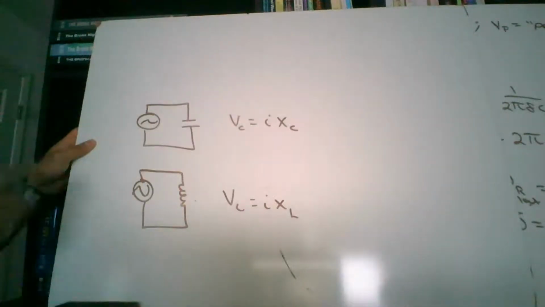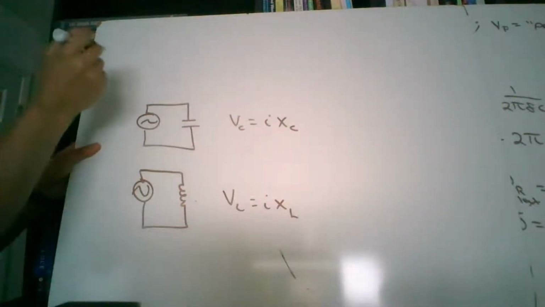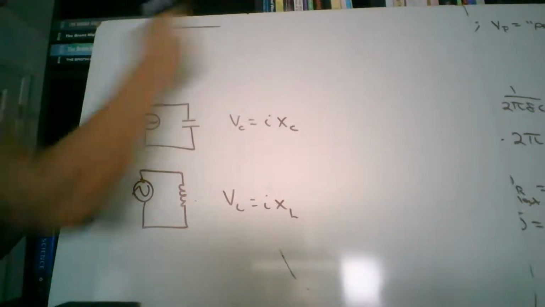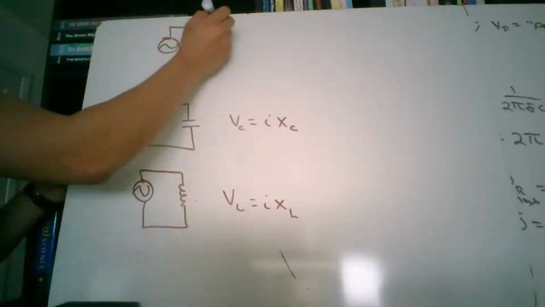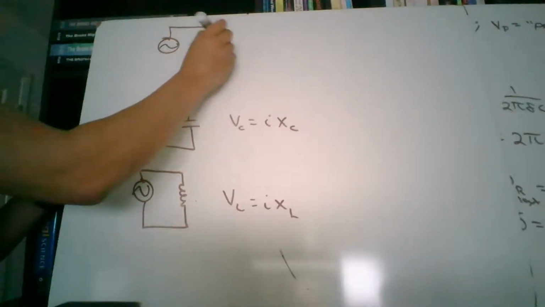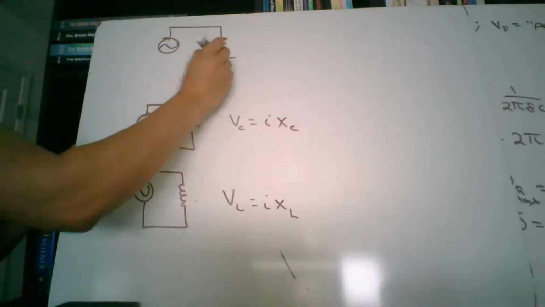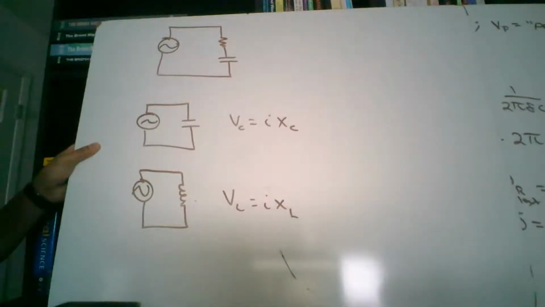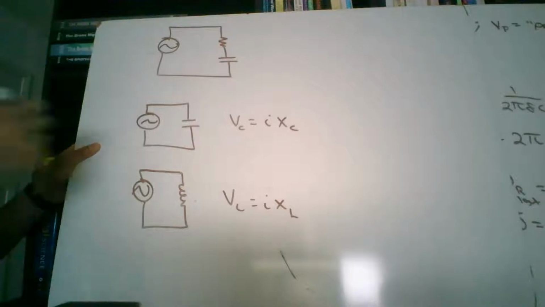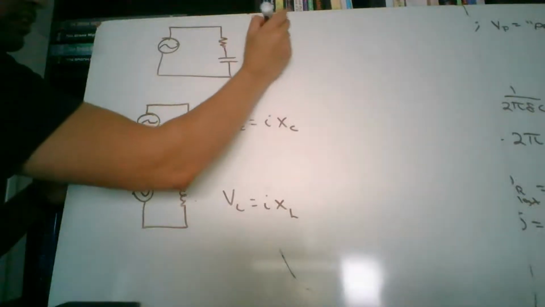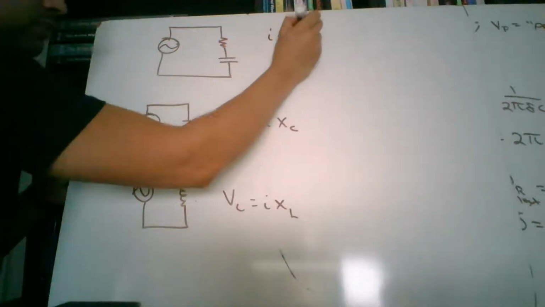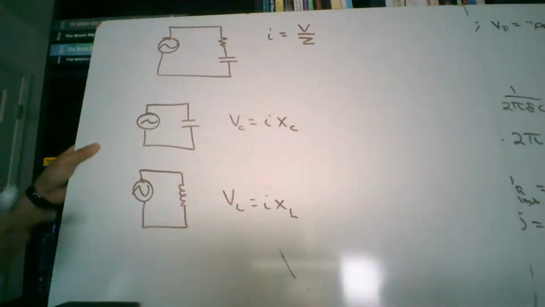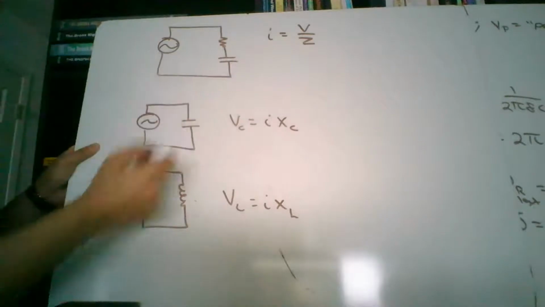The first one we could do is the RC circuit. If we're talking about the RC circuit, we have an AC voltage, and then we have a resistor here, and we also have a capacitor. That's our RC. What would our equation look like then? Well, I, the current, is going to equal the voltage divided by the impedance, not the reactance, and not the resistor anymore, but the impedance.